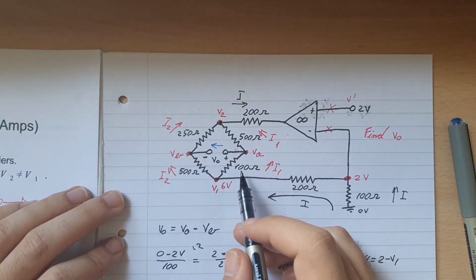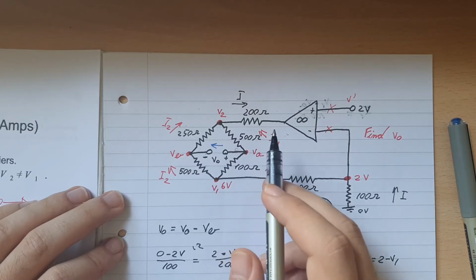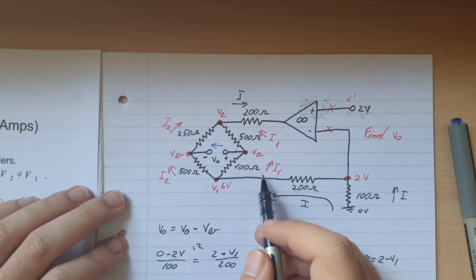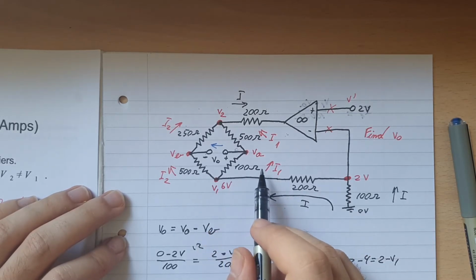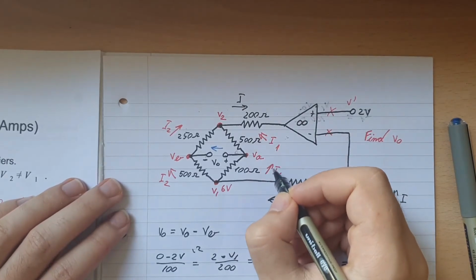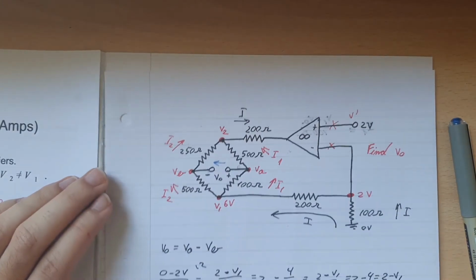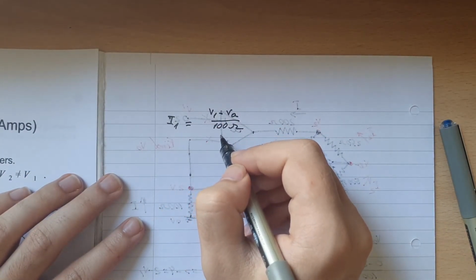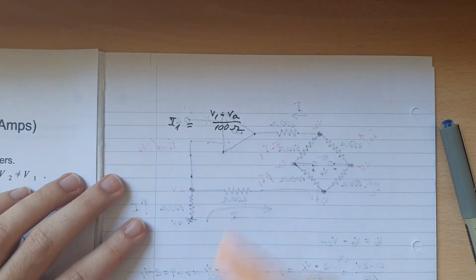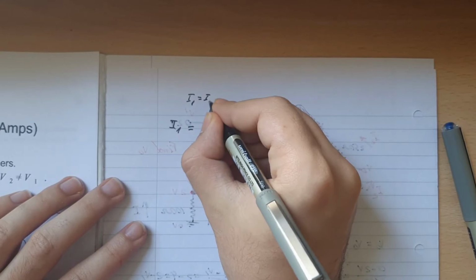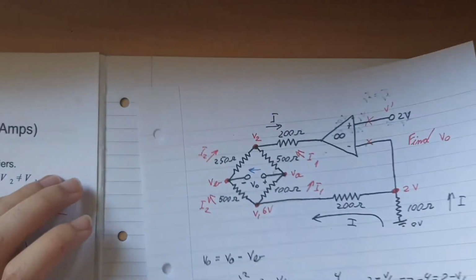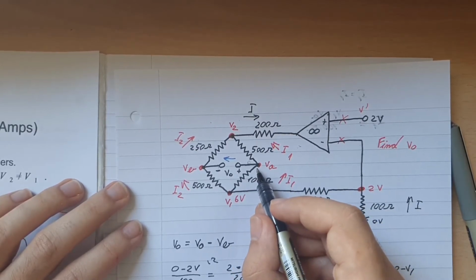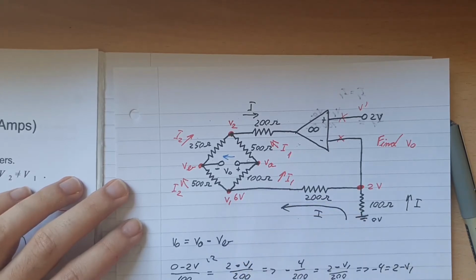We know that in Kirchhoff's law the current coming in is equal to the current coming out. The way I did it is I said I1 is equal to I1, because I1 here is also equal to V1 minus VA divided by the 100 ohms.